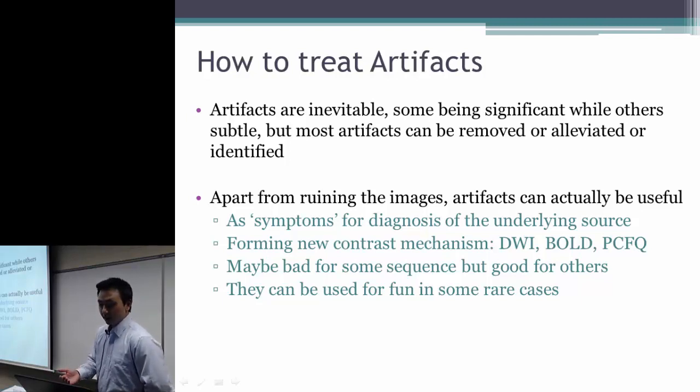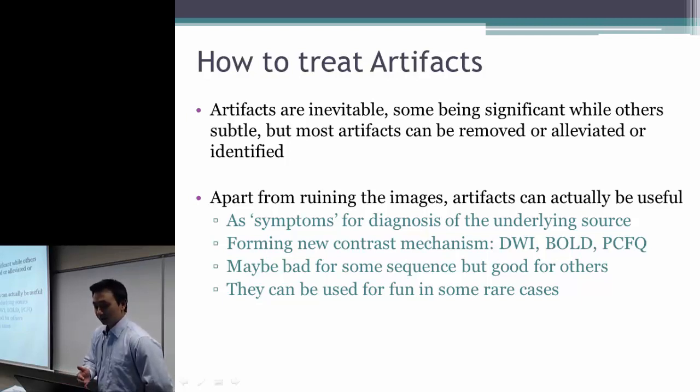And sometimes an artifact can be used to form a certain type of new contrast mechanism. For example, diffusion-weighted imaging. Diffusion itself was actually treated like an artifact. People had been trying to reduce its effect because it decays the signal.